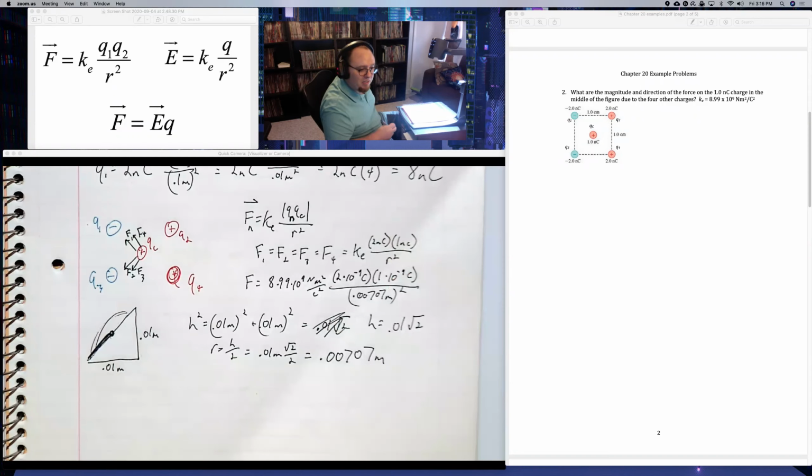Now, apparently when I did this, I didn't actually solve for that number. I went straight to the next step and plugged in after the fact. So I'm just going to do it now. 1e negative 9 times 2e negative 9 divided by 0.00707 squared.